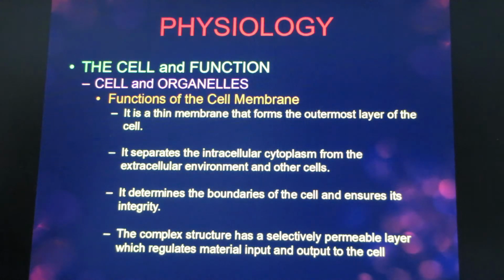The cell membrane determines the boundaries of the cell and ensures its integrity. The complex structure has a selectively permeable layer which regulates material input and output to the cell.